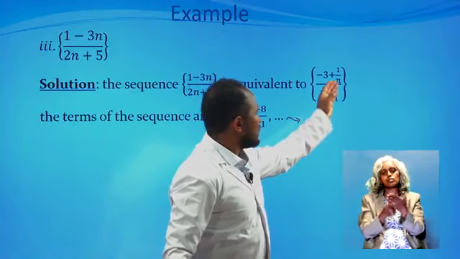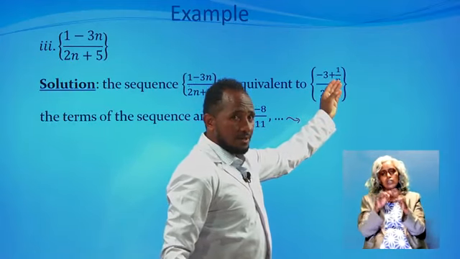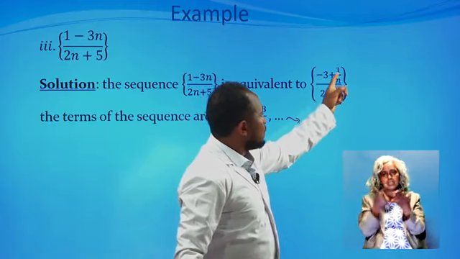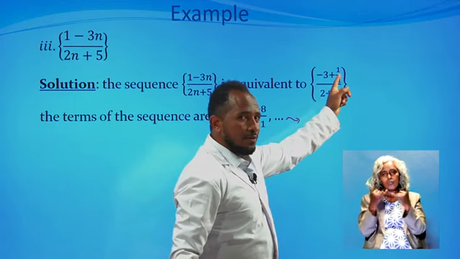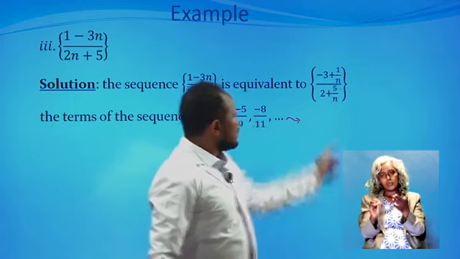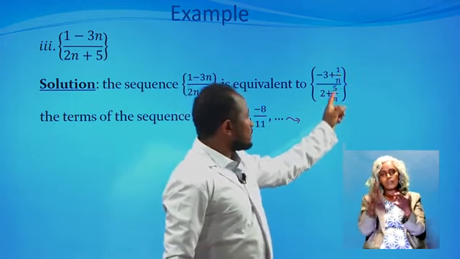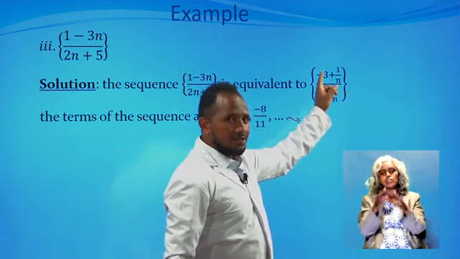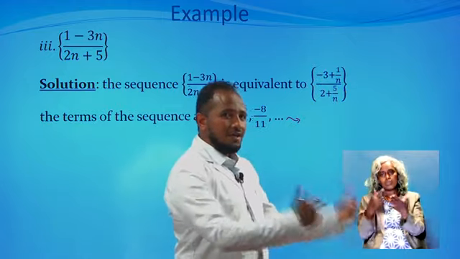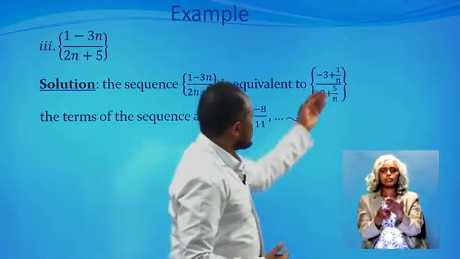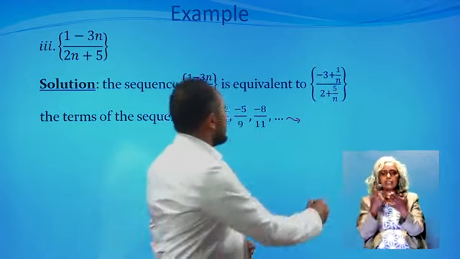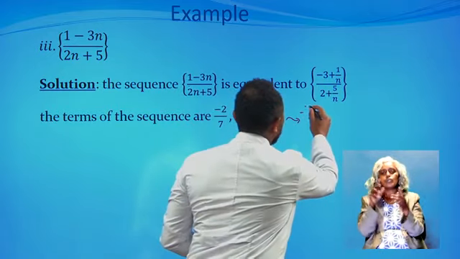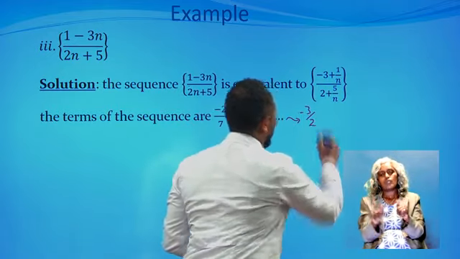Let's assume n is a very big number. In this case, 1 over a big number is 0. Not only that, 5 over a big number is also 0. The final answer will be negative 3 over 2. So at infinity, this sequence goes to negative 3 over 2.